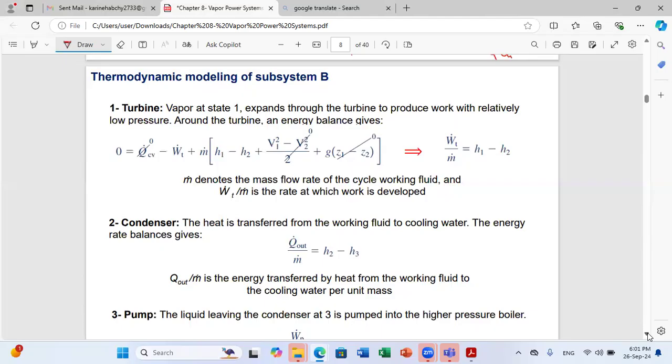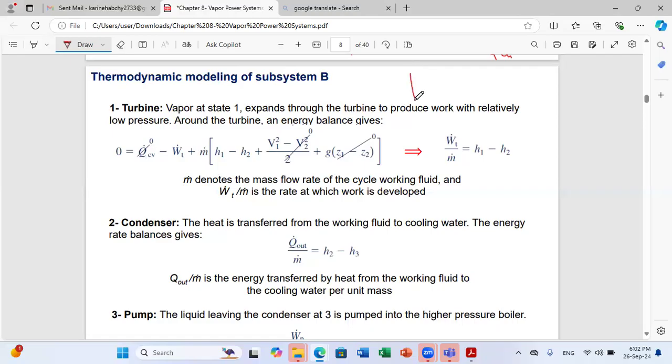When you apply the energy balance, the energy balance states that the derivative of energy with respect to time, which is 0 here because it's a steady state, is equal to summation of Q dot minus summation of W dot plus, for each component, you need to consider energy flows in and out. So for example, let us consider your turbine.